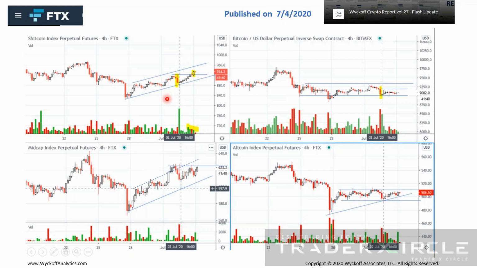Also look at this. The low cap index is clearing the resistance. This is a very interesting structural point. Do you remember what we said in our first session 1 week ago? You always want to pick the asset that is ready to jump out of the range.